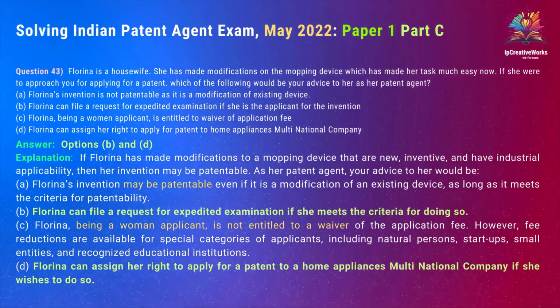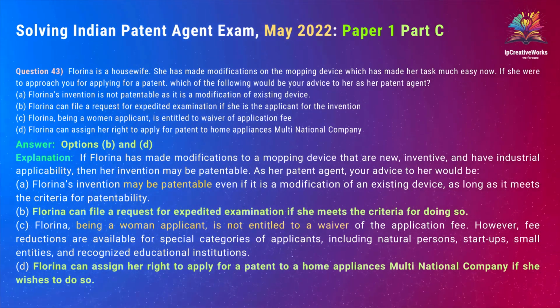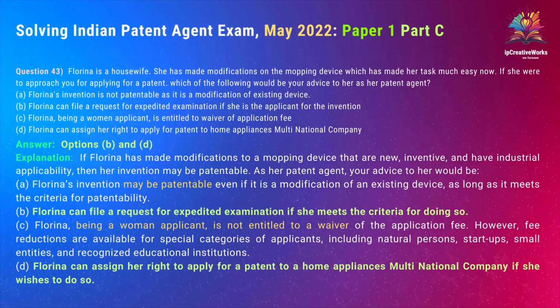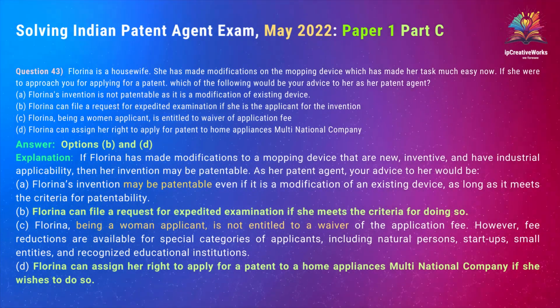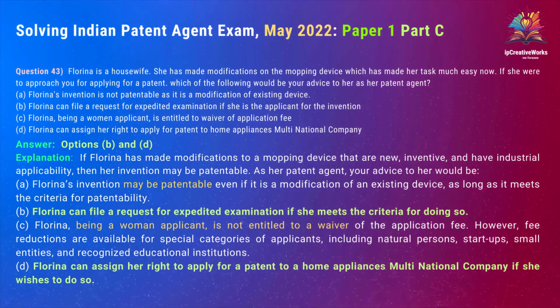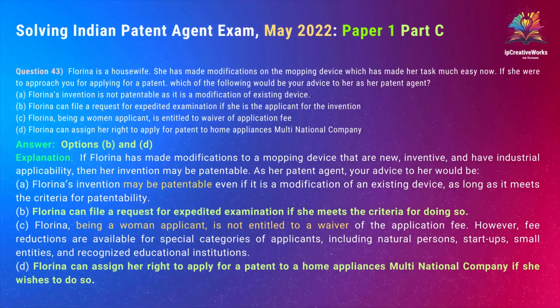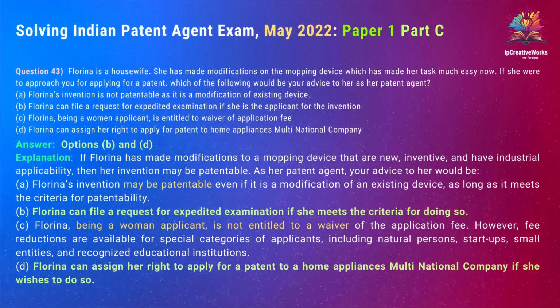B. Florina can file a request for expedited examination if she is the applicant for the invention. C. Florina, being a women applicant, is entitled to waiver of application fee. D. Florina can assign her right to apply for patent to Home Appliances multinational company. The correct options to question 43 are options B and D.